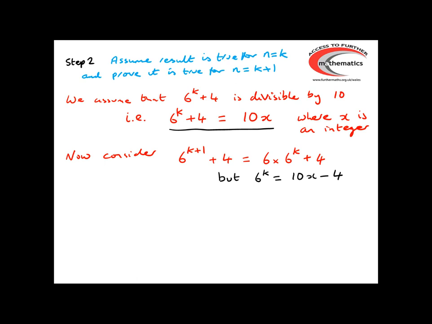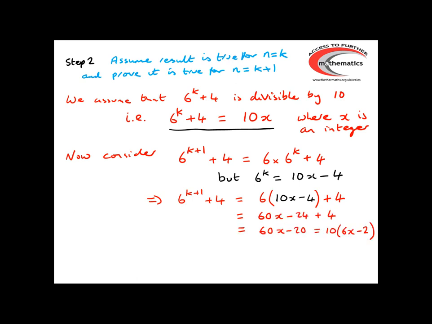Substituting that in, we've now got 6 to the k plus 1 add 4 is 6 lots of 10x minus 4, add 4. Multiply the brackets out, that becomes 60x minus 24 add 4, or 60x minus 20.